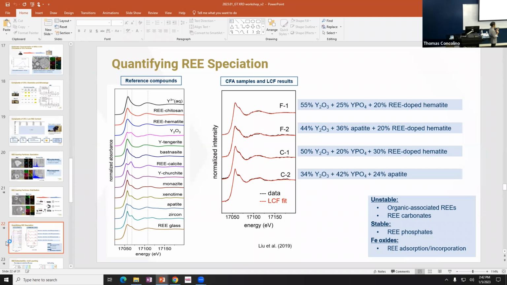And then we individually add in different components, and we only include a component if the goodness of fit is reduced by 10% or 20%. Then we include it. But many of them, for example, monazite and xenotime, are both phosphates, but they have different structures. So we include them as one group of phosphates.